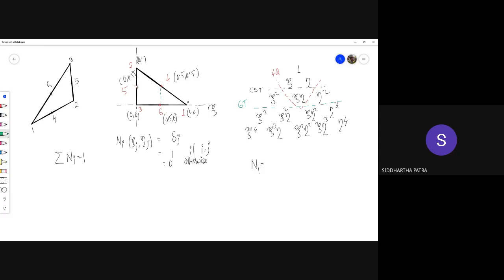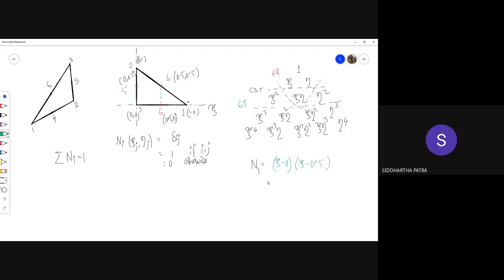Can you tell me what is the equation of this line housing 2, 5, 3? What is the equation of that line? Xi plus eta equals 1. And what is the equation of the line 4 6? Xi plus eta equals 0.5.